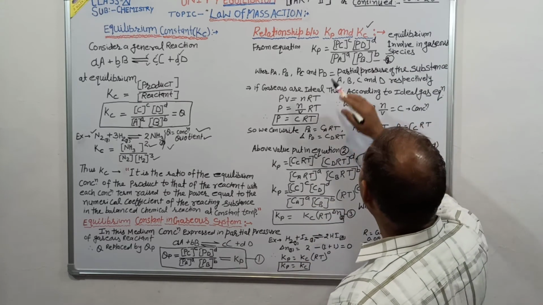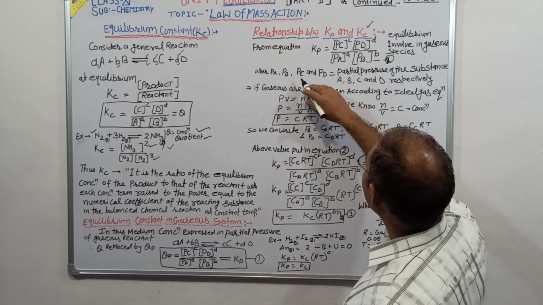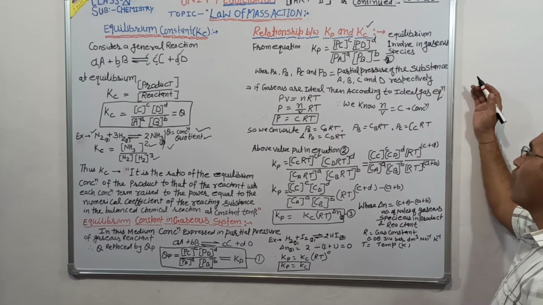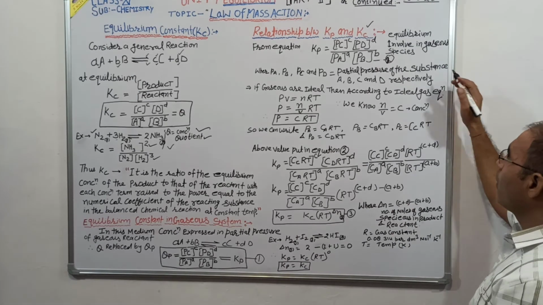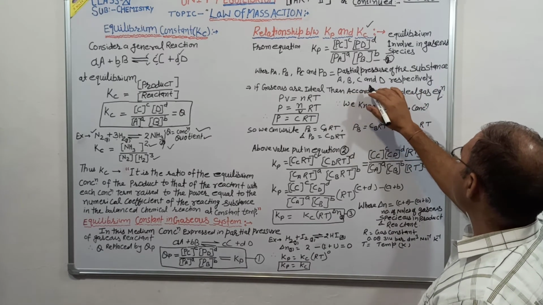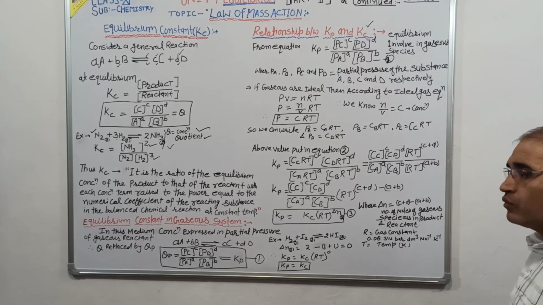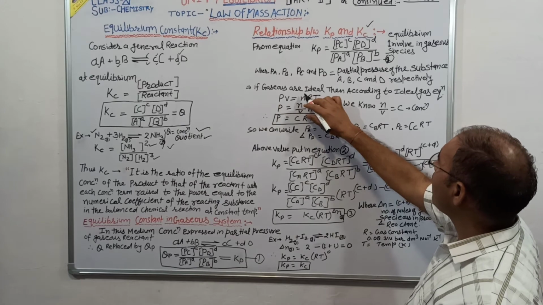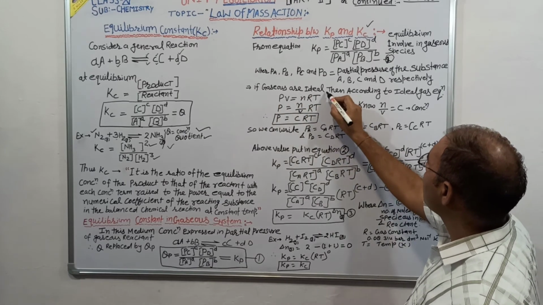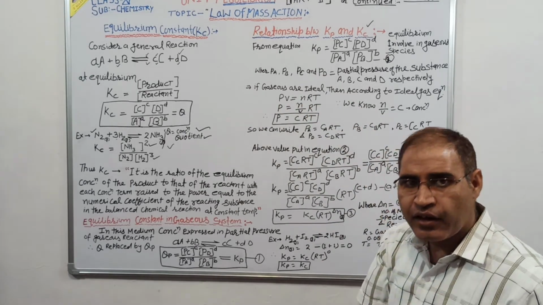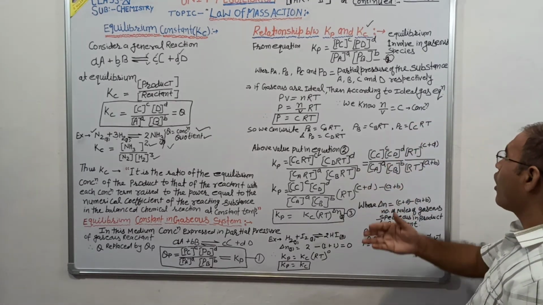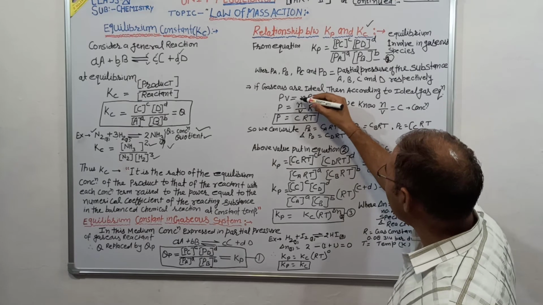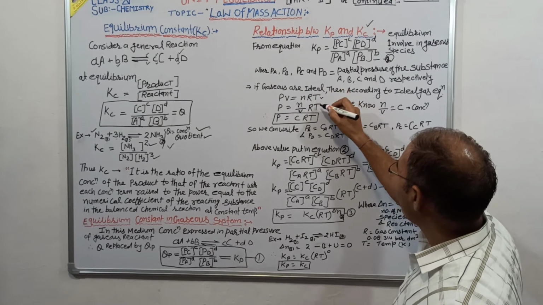where Pa, Pb, Pc and Pd are the partial pressures of the substances A, B, C and D respectively. If the gases are ideal, then according to the ideal gas equation, PV is equal to nRT.